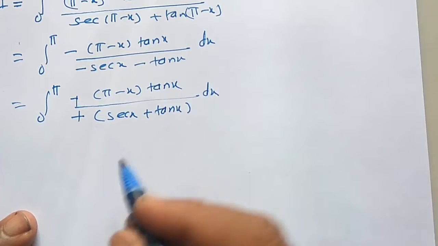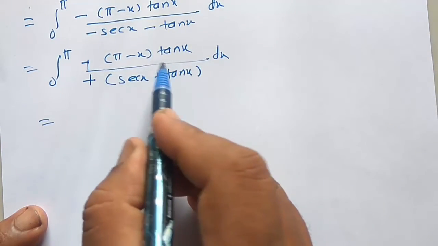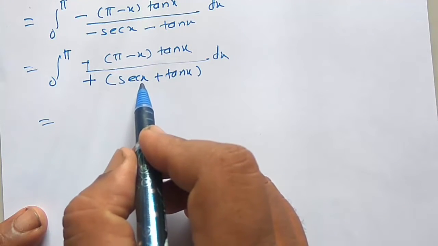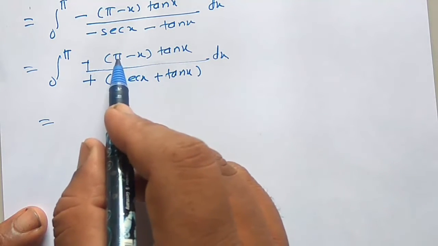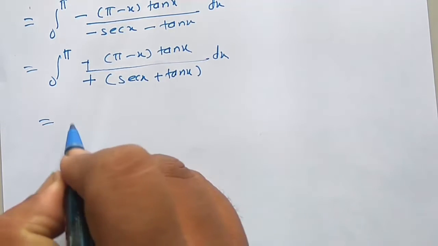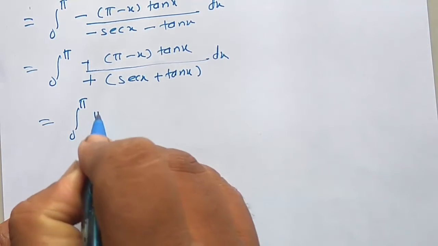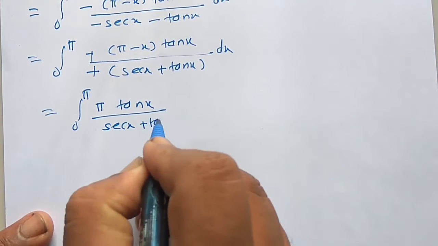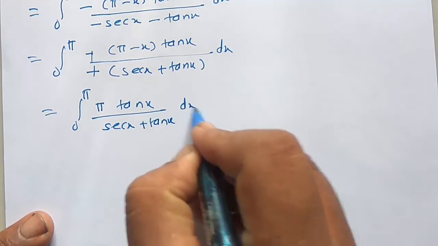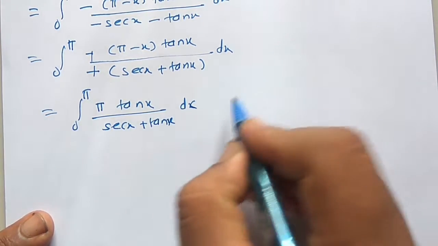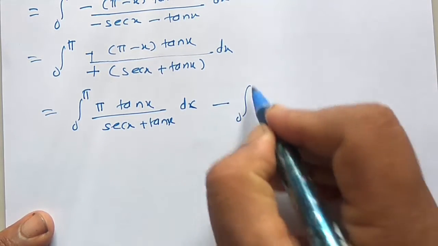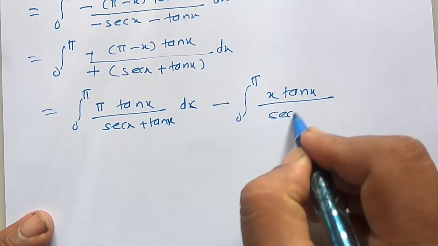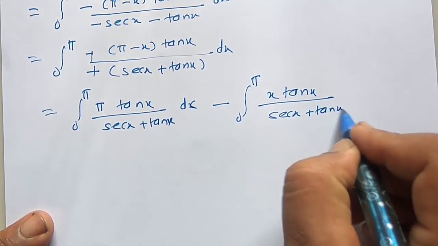Minus minus becomes plus, and now we multiply tan x upon sec x plus tan x to each of the terms in the bracket. So it is integral 0 to pi of pi into tan x upon sec x plus tan x dx minus integral 0 to pi of x tan x upon sec x plus tan x dx.